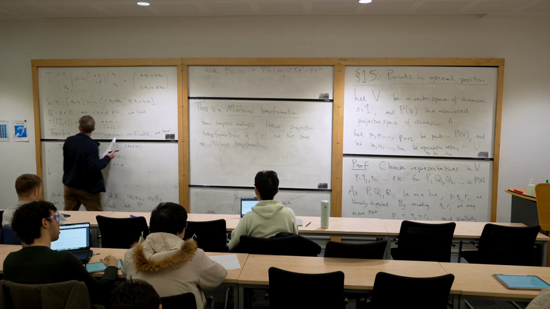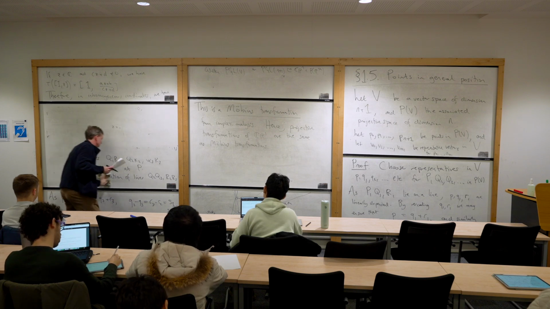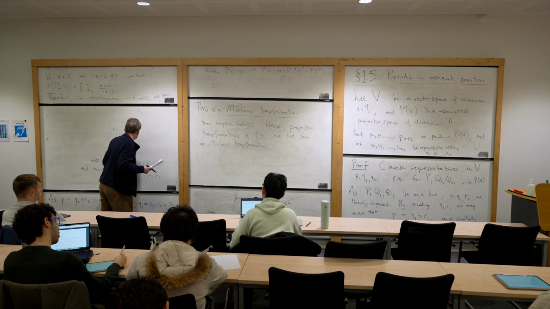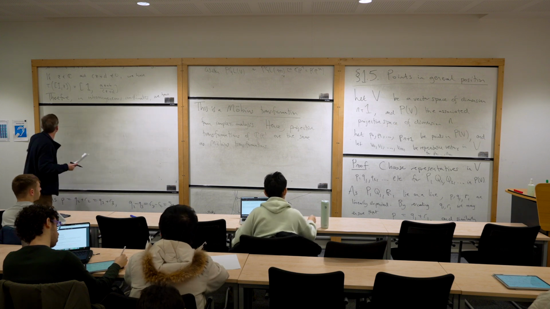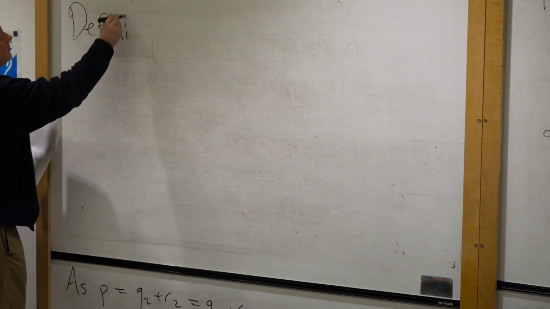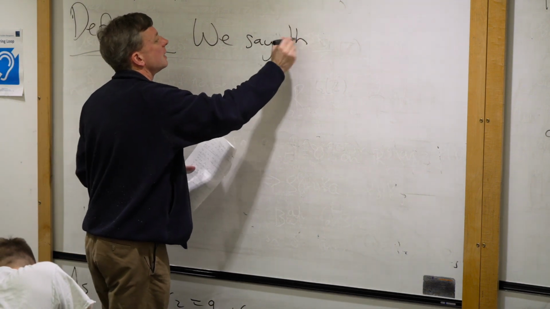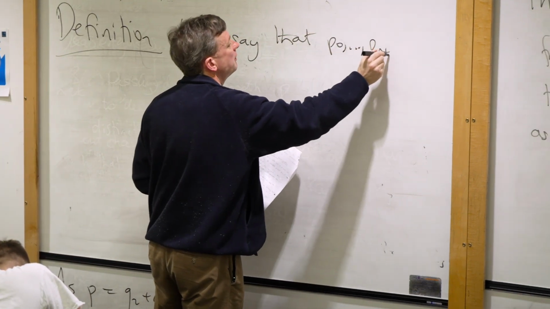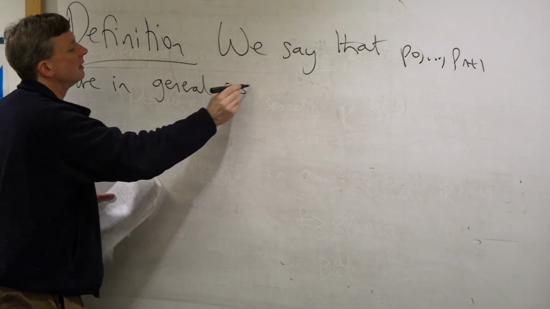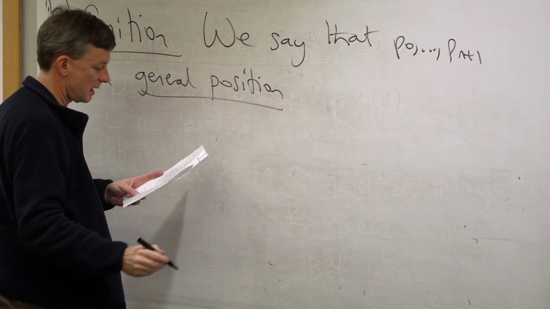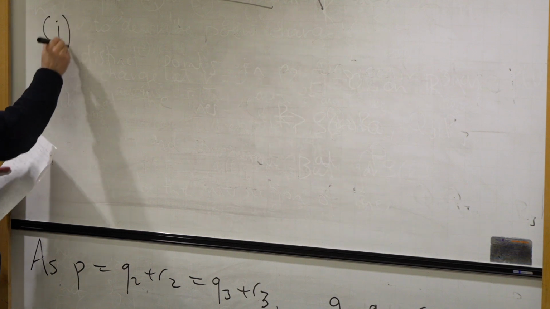So let's make a definition. We say that the points p0 up to p n plus 1 are in general position if, well, there's two equivalent conditions.